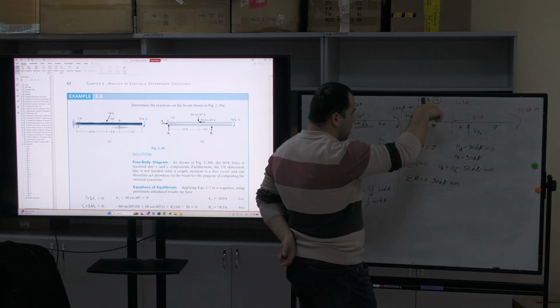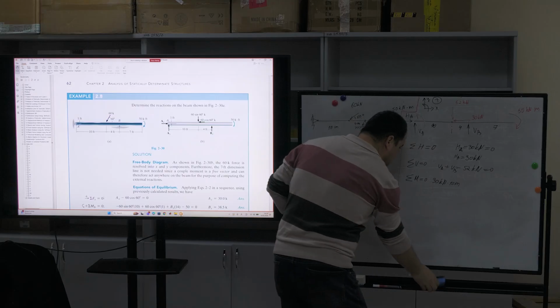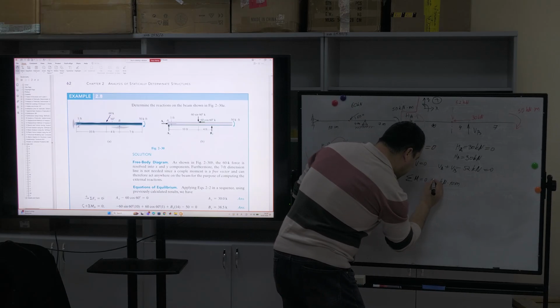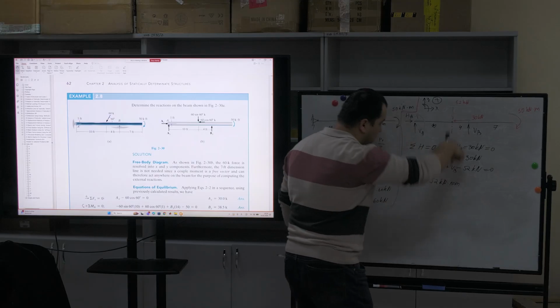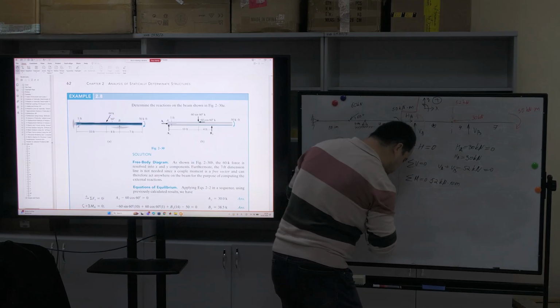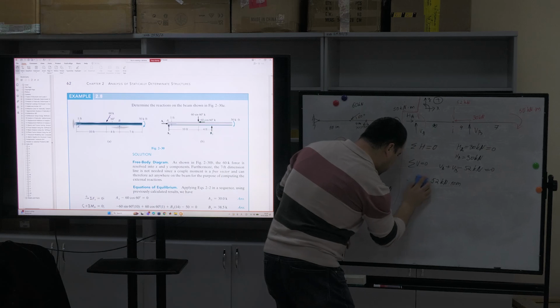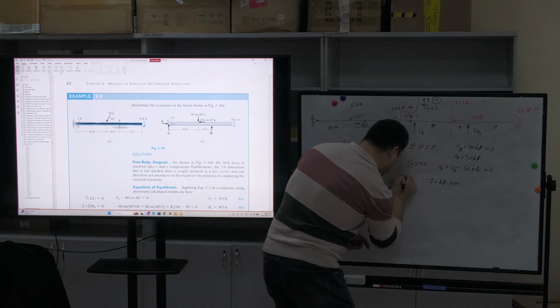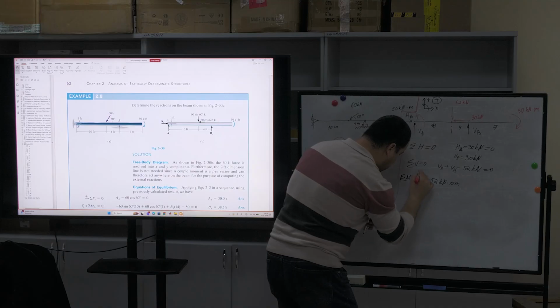This is acting, sorry. 52. Yes, 52. 52 kilonewtons acting in this direction. That's why it should be negative 52. And is equal to 0. Let's separate this part.